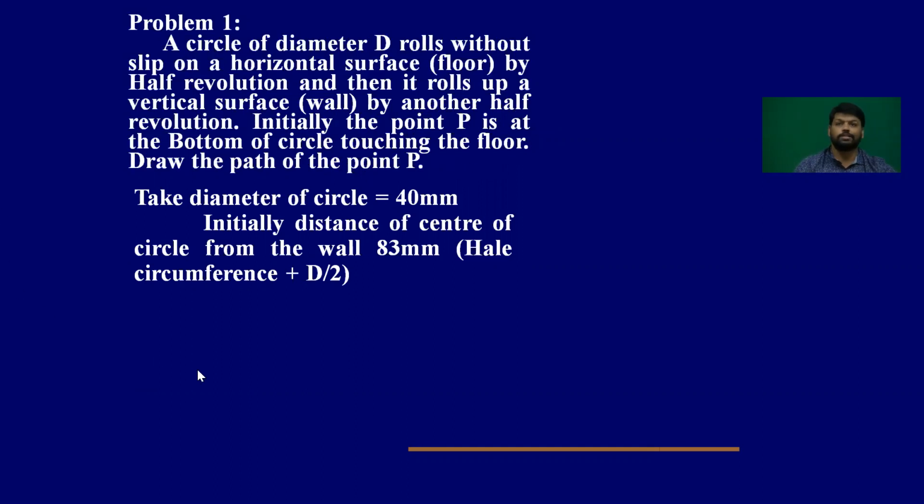So the statement is a circle with a diameter of 40 mm is rolling for half revolution on the horizontal surface, another half revolution on the vertical surface. That means you need to draw half of the cycloid when the circle rolls over the horizontal surface, and the remaining half of the cycloid when the circle rolls over the vertical surface.